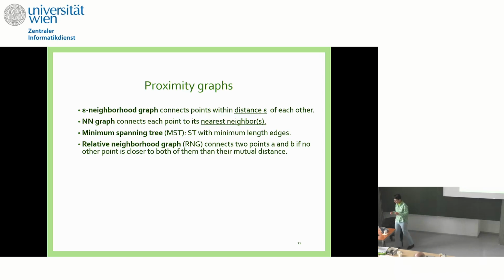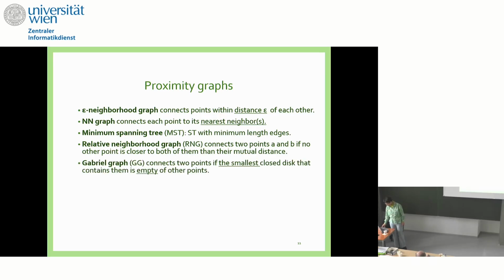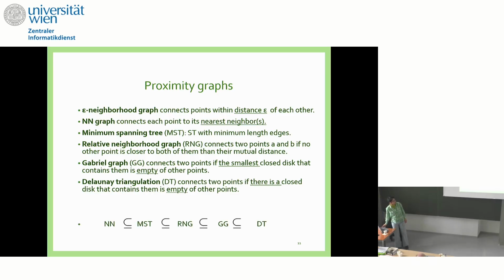That would connect 2 points for which there is no other point that would be closer to both of them than their mutual distance. So why am I talking about all these different notions? Because they would provide a kind of nested sequence of proximity graphs that would end with the Delaunay triangulation.